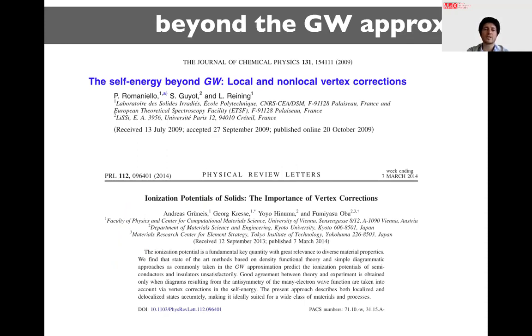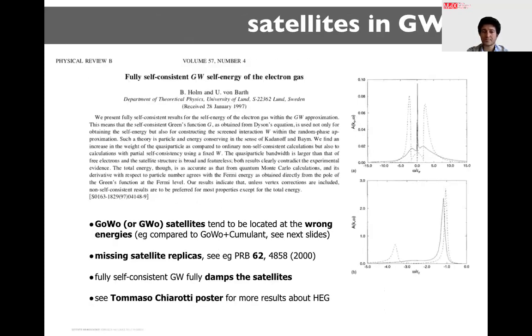The second thing is that GW comes from an approximation to Hedin's equations where the vertex is neglected, and so corrections beyond GW basically include the vertex in the treatment. This is a very complex and still very lively field of discussion in the literature.